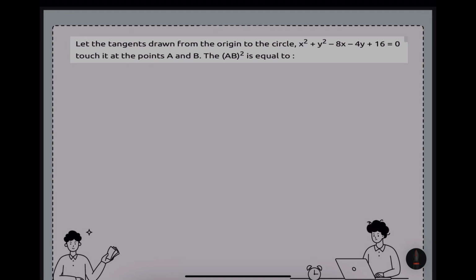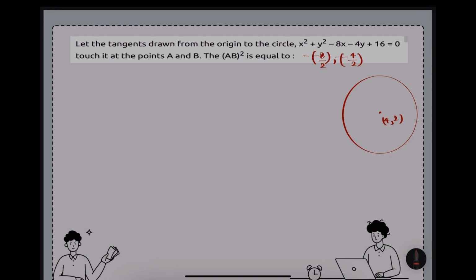So from the origin you have to drop a tangent, touching it at points A and B. Suppose this is the circle, and for the center, you know that we divide the coefficient of x by 2 and multiply by minus, then the coefficient of y by 2 and multiply by minus. So it is 4 comma 2.